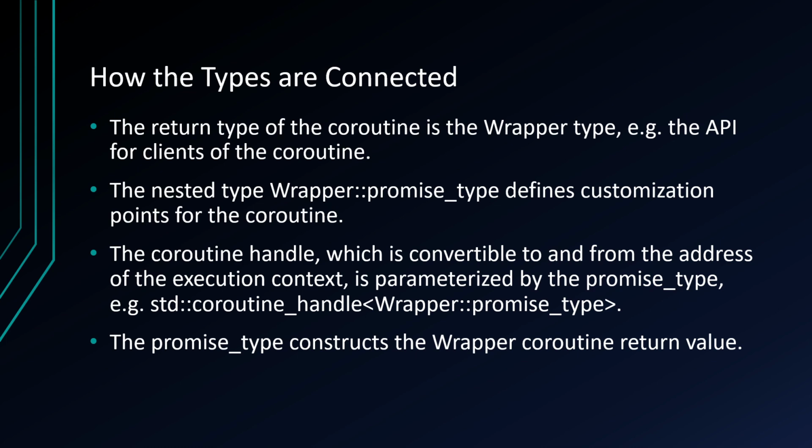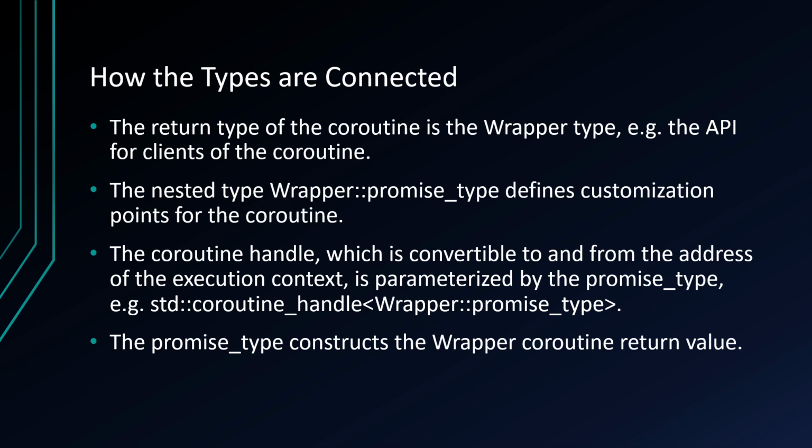And the final piece that connects it together: we can get to the promise type class, that its type, by looking inside the wrapper. We can get to an instance of the promise from the coroutine handle. So a coroutine handle is associated one-to-one with an instance of the promise type.